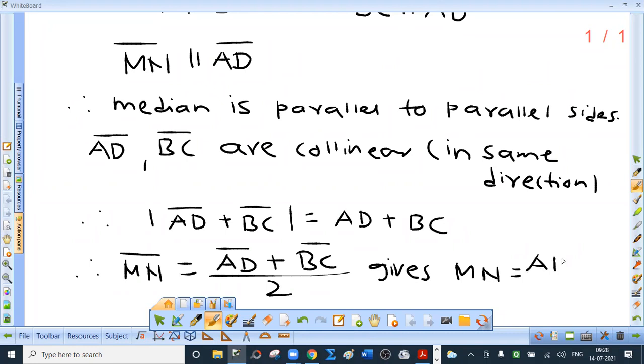It gives MN equal to AD plus BC divided by 2. That's it.